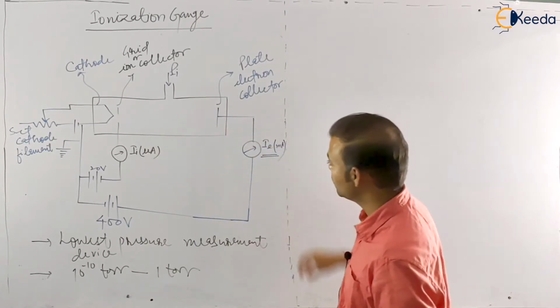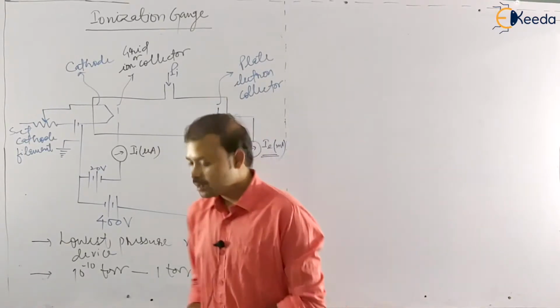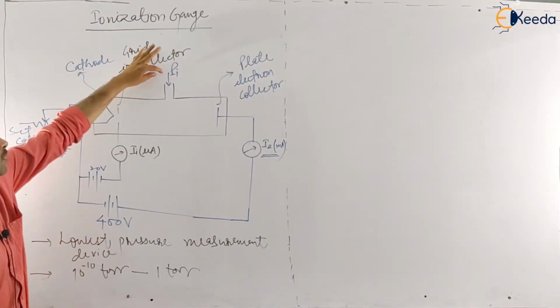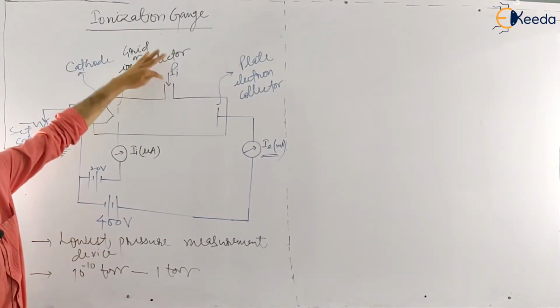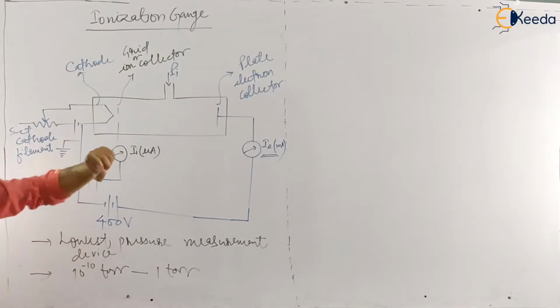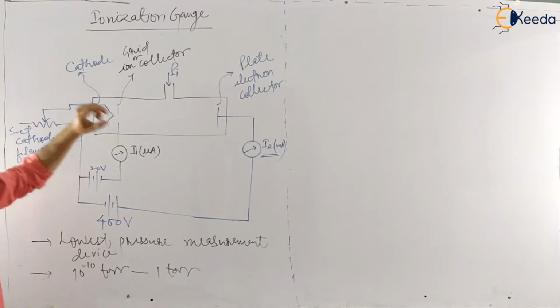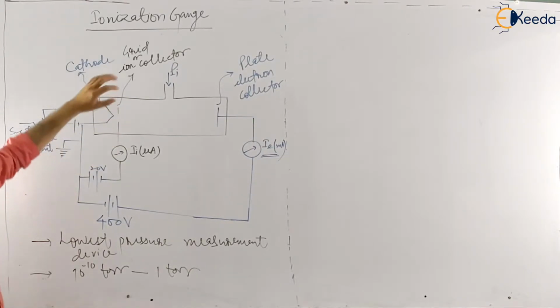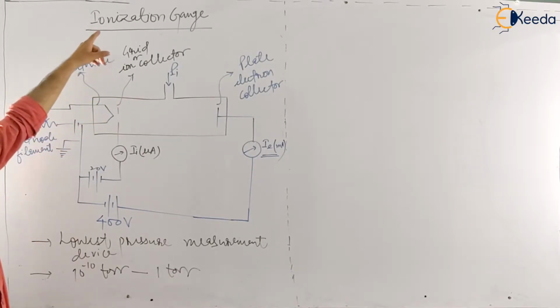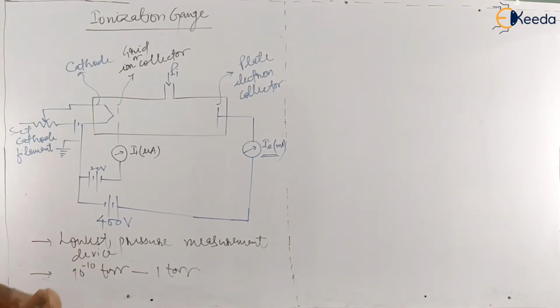Now, if you are applying very low pressure gas to this point, the aim is to ionize the molecules of the gas. That's why it is named the ionization gauge, right?